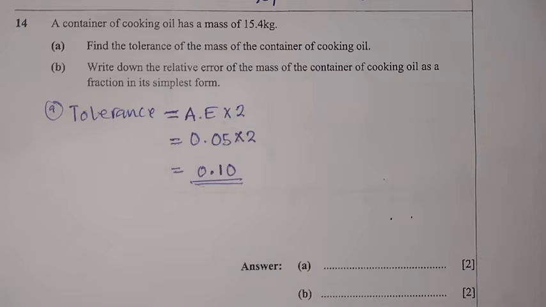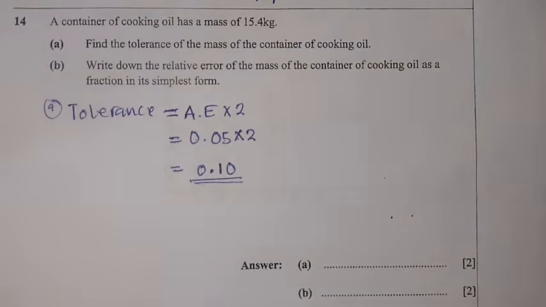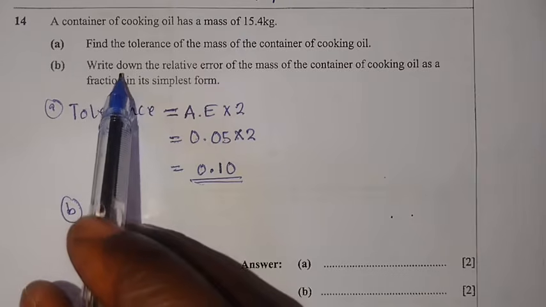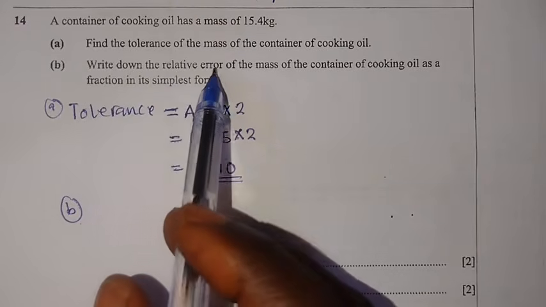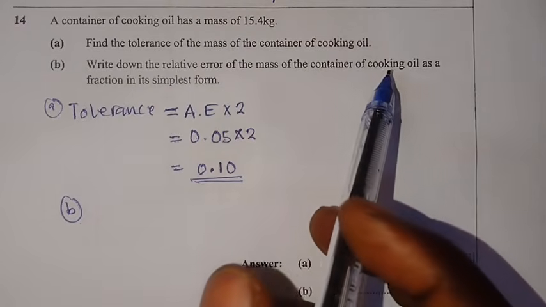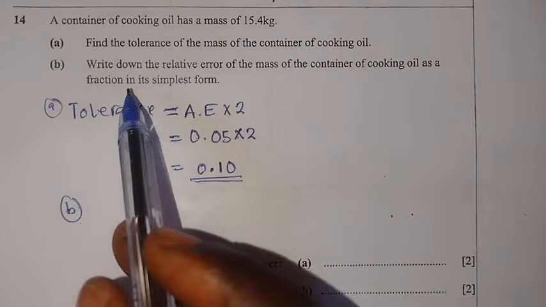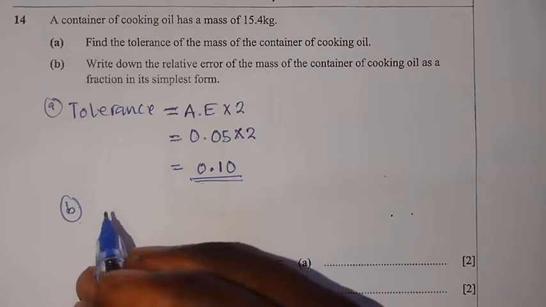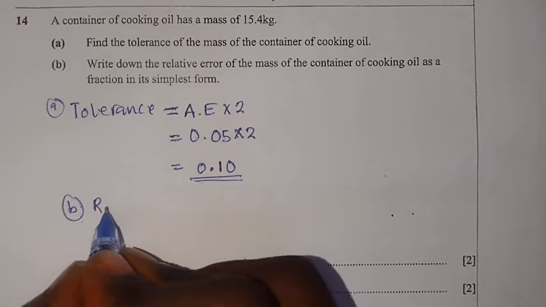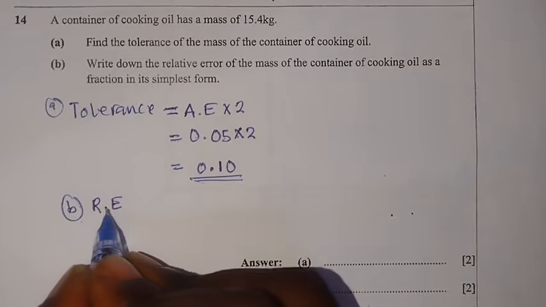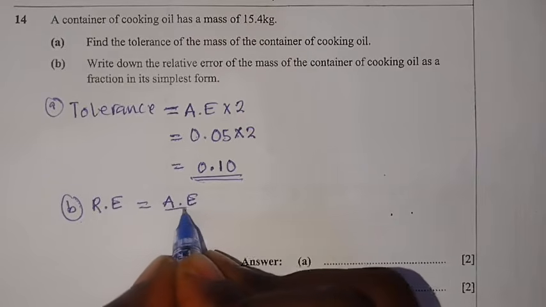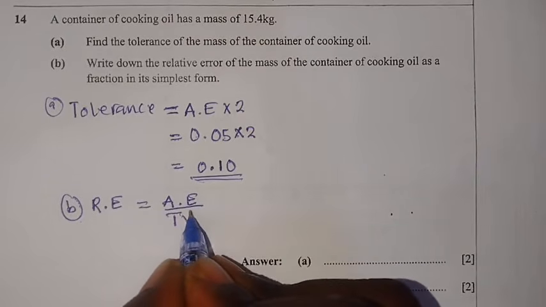Let us now move on to question B. Question B reads: write down the relative error of the mass of the container of cooking oil as a fraction in its simplest form. You need to find the relative error, and relative error can be found by this formula: relative error is equal to absolute error over true value.